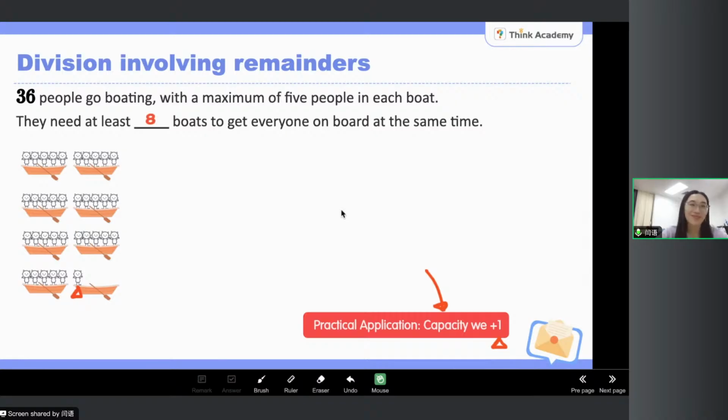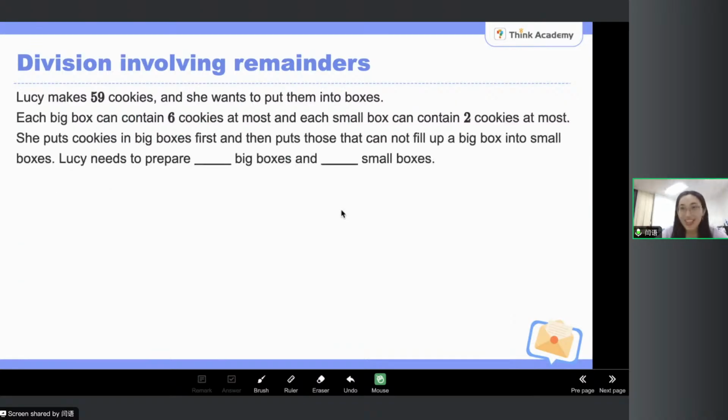Good. So following this, now let's move on to a question which is a bit more complicated. Lucy makes 59 cookies, and she wants to put them into boxes. Each big box can contain 6 cookies at most, and each small box can contain 2 cookies at most.